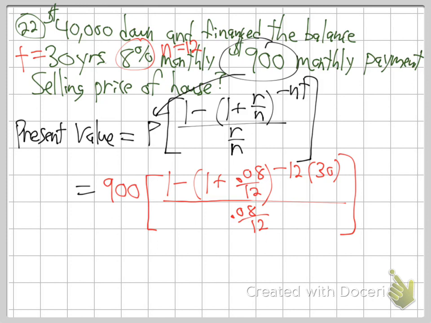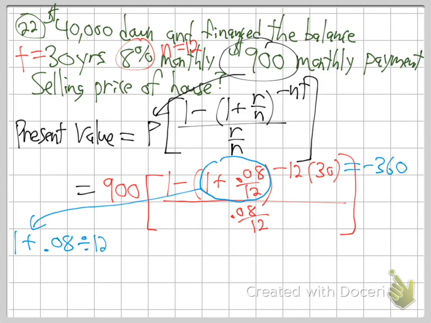Okay, so let's crank that out on our calculator. Remember, we gotta get this power first. This is minus 360 up there in the power zone. Minus 360. And so then we start right here. We go 1 plus 0.08 divided by 12 equals, to the power.